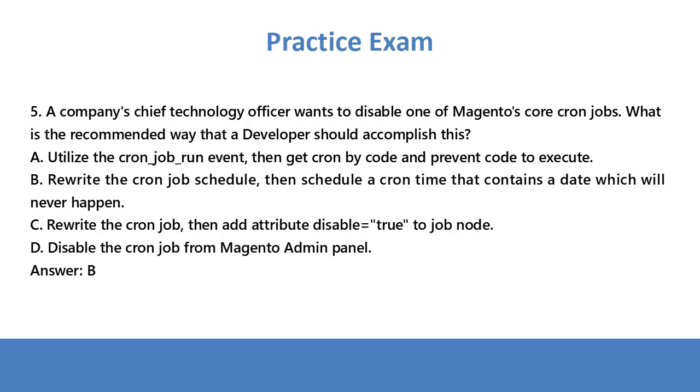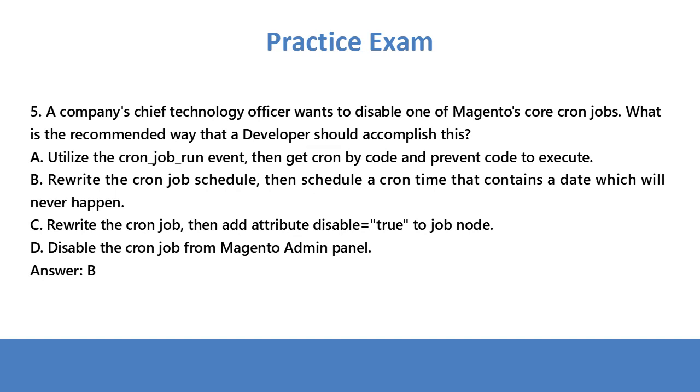5. A company's chief technology officer wants to disable one of Magento's core cron jobs. What is the recommended way that a developer should accomplish this? A. Utilize the cron_job_run event, then get cron by code and prevent code to execute.